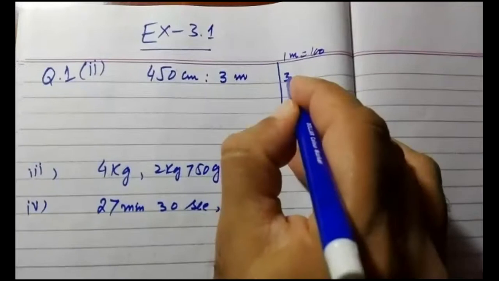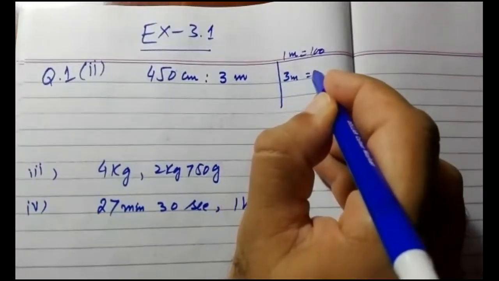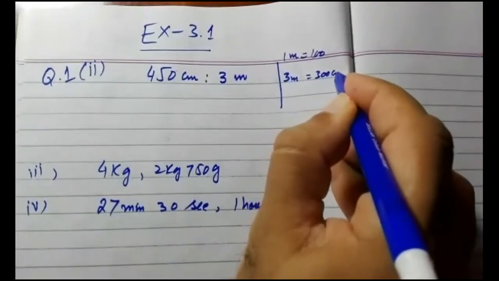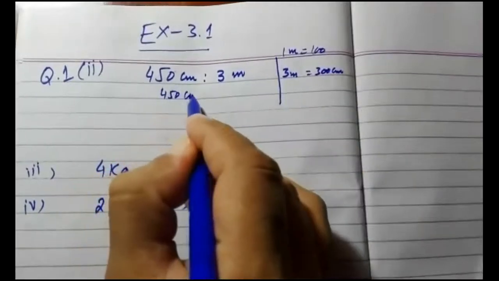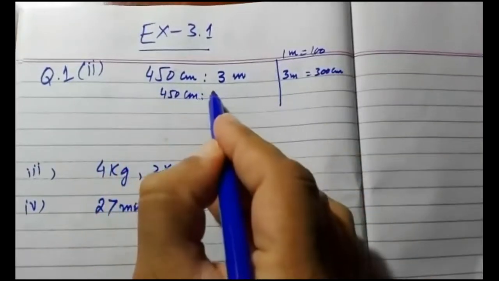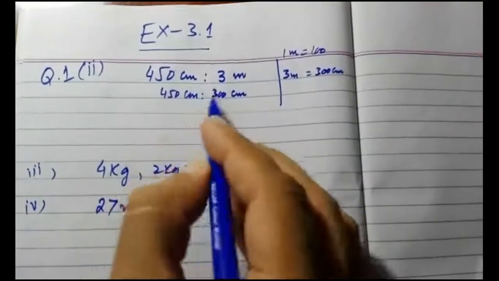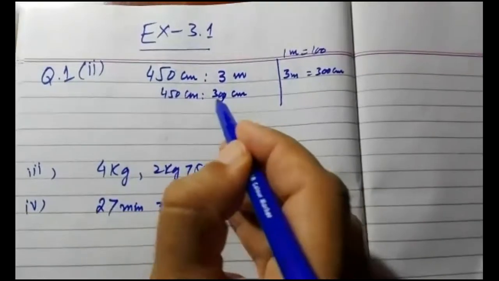Convert 3 meters into centimeters. That will be easy for you. So 3 times 100, it will become 300 centimeters. So you have to write 450 centimeters ratio 300 centimeters. Now what you have to do is simply go for the cancellation, like zeros will be cancelled.